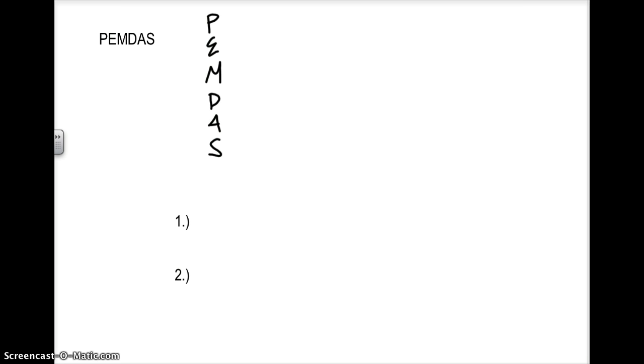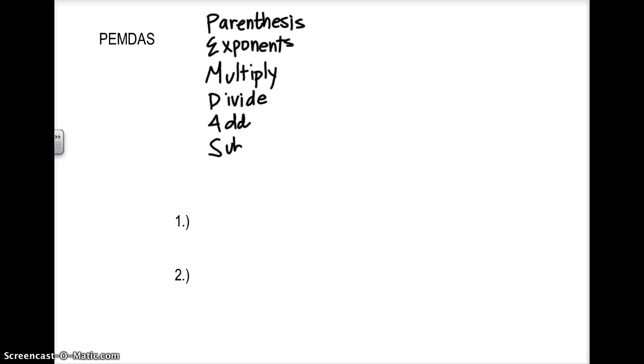Okay, parentheses, exponents, multiplication, multiply, divide. Aunt is addition. Sally equals subtraction, right? Okay, so you're going to do those operations in that order.